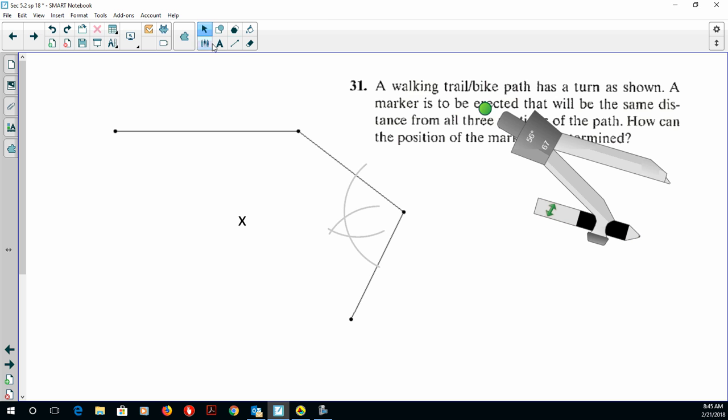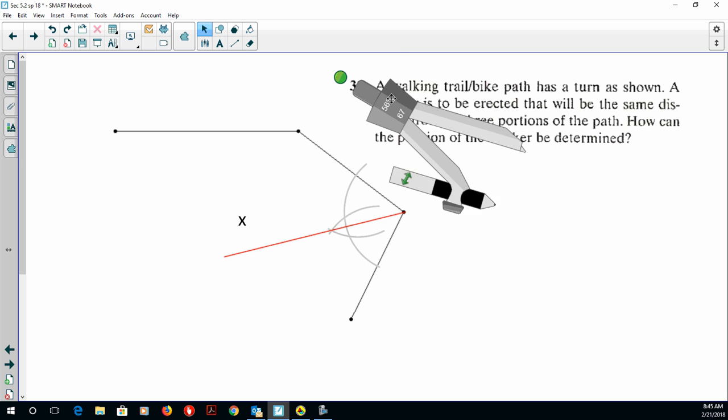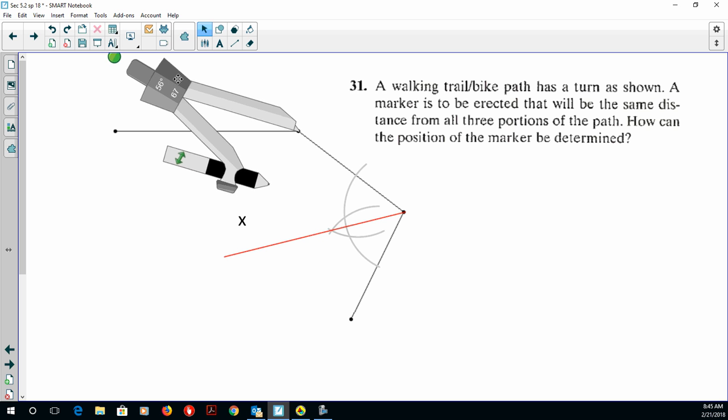Okay. Again, to get the bisector over here, put your pointy end on the vertex and mark a curve which goes from one side of your angle to the other. Okay.